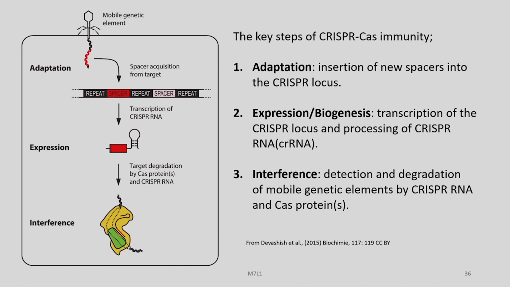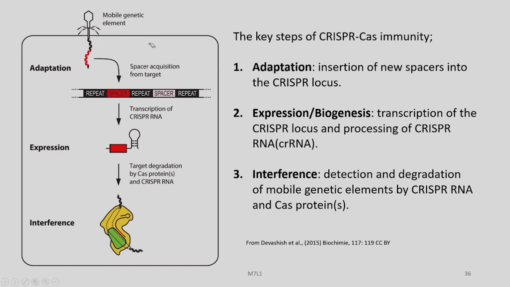Now, what are the key steps of CRISPR-Cas immunity? We were discussing the Markov chain model in this regard. Now let us look at exactly what happens inside the bacteria when it encounters a virus or a mobile genetic element of pathogenic nature.